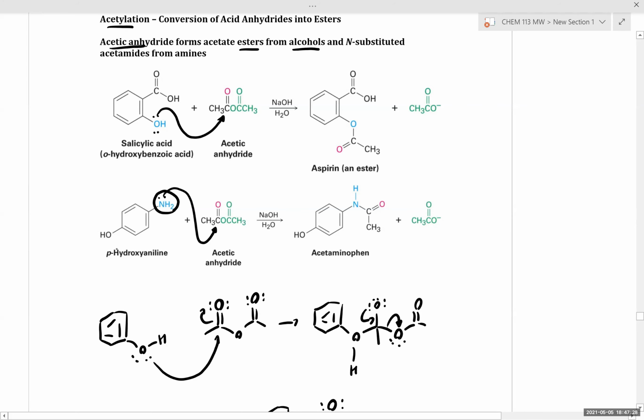So the amine generally is more nucleophilic under neutral conditions, and that's why it preferentially reacts with acetic anhydride. The same reason why, for example, in salicylic acid, the alcohol reacts preferentially over the carboxylic acid. Oh, okay. Yeah, that makes sense. Does that logic make sense? Perfect. Yeah, thank you.